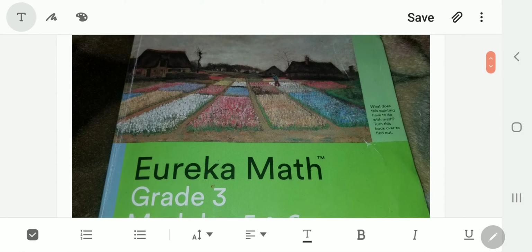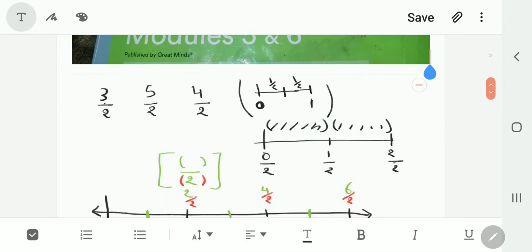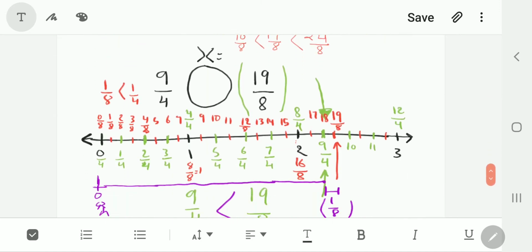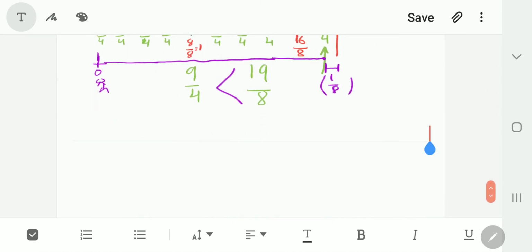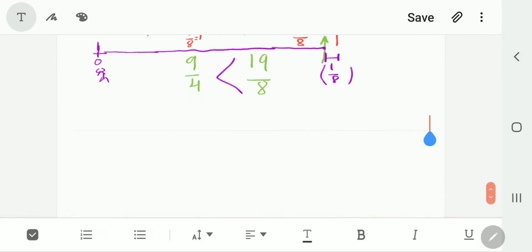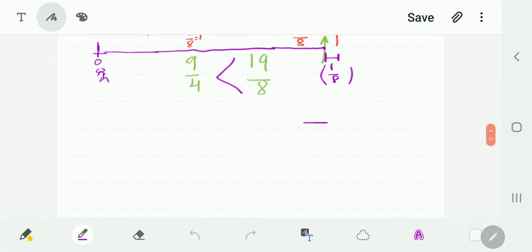Continuing, we're doing part 3 now, explaining the fractions. So we stopped at, let's go back here. Okay, very good.